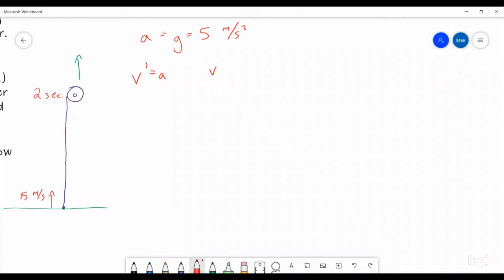Well, I'm going to say that my velocity as a function of time is going to be equal to the original 15 meters per second. That's how fast I originally threw it, but then gravity is going to be slowing it down. So I'm going to be losing 5 meters per second every second. So that means my velocity as a function of time is going to be 15 minus 5t.